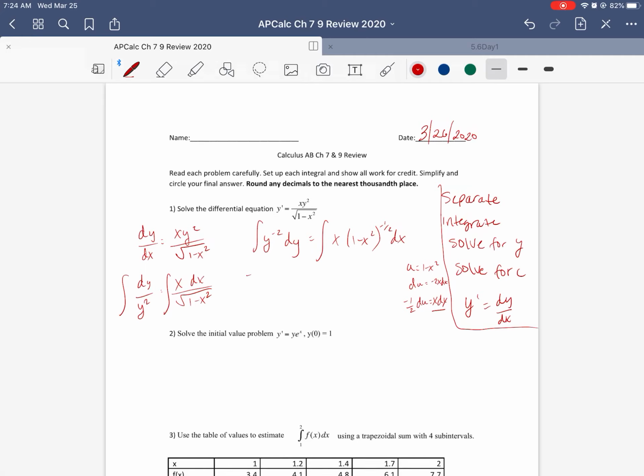So left-hand side, again, it's just a power rule, would be negative y to the negative 1 equals integral of negative 1/2 u to the negative 1/2 du. So if I add 1, divide by the new, it would become a positive 1/2 power. Dividing by 1/2 is like multiplying by 2. So then I have negative u to the 1/2 power plus c.